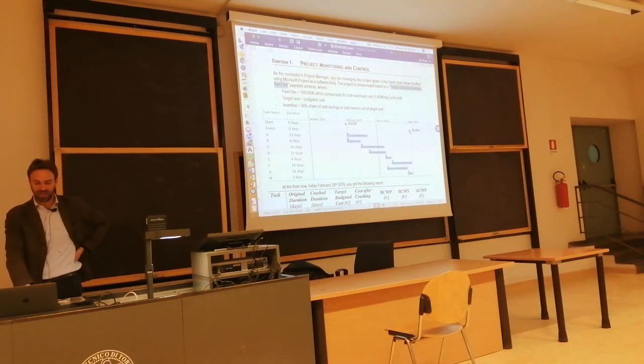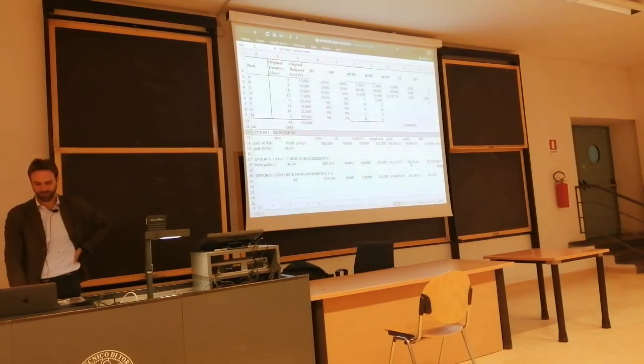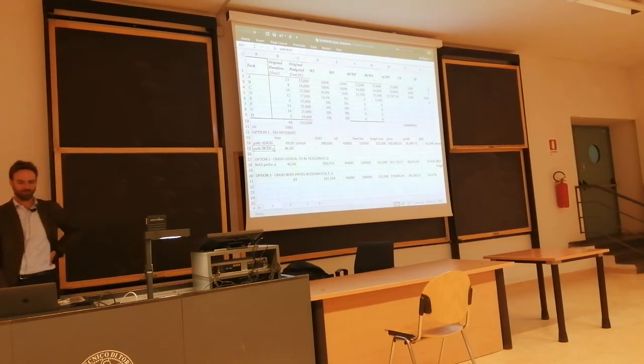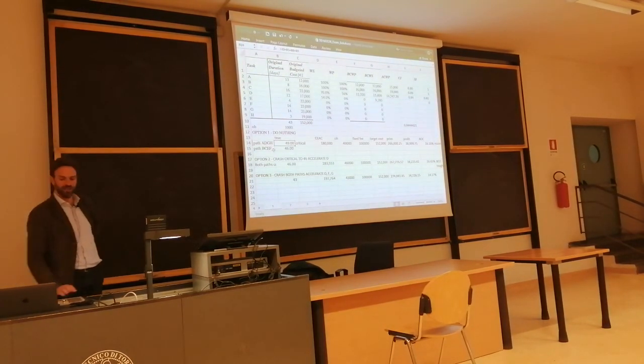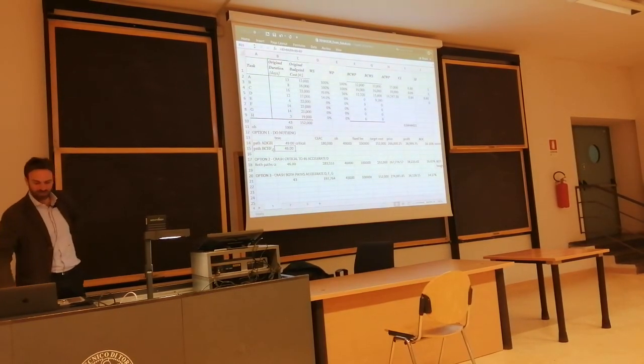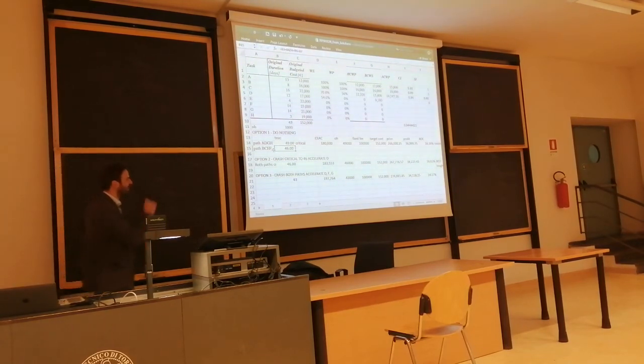Path 1 is A, D, G, H. Path 2 is B, C, E, F. The first one is as long as 49 days. The second one is as long as 46 days.